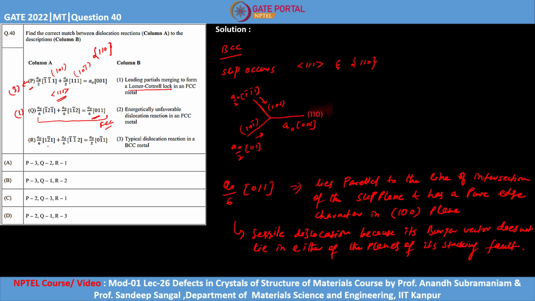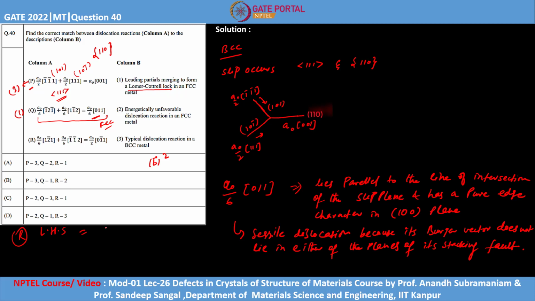Now if you see option R, a dislocation reaction is happening. If you try to calculate the energy of the dislocations on the LHS and RHS, at LHS the energy of dislocation will be given by the magnitude of Burgers vector squared, right?